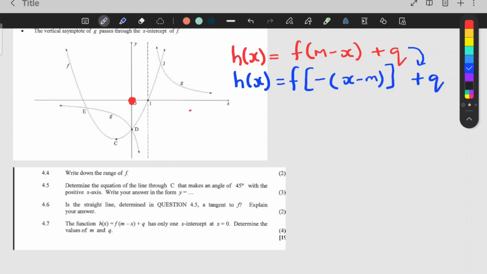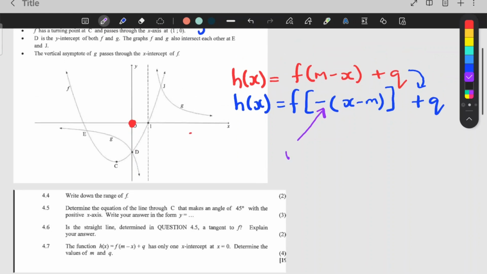So 3 transformations happened here. Do you see this negative inside the bracket by f? That means the graph was reflected in the y-axis. Then this minus m over here means it was translated, so it shifted to the right.